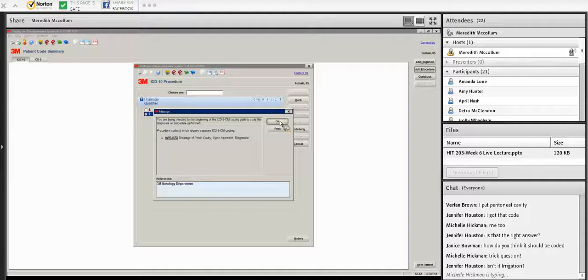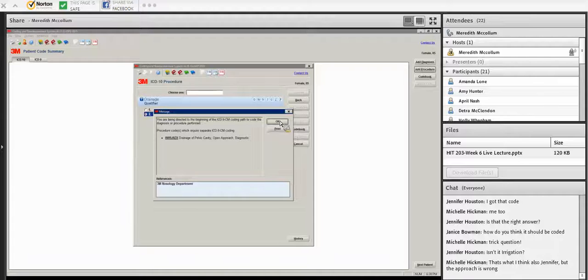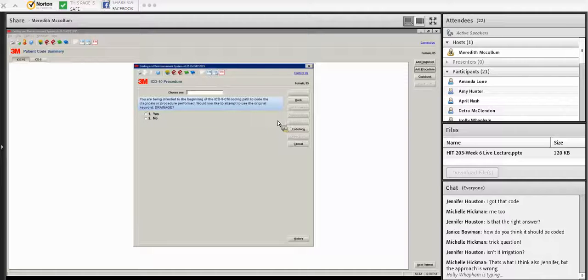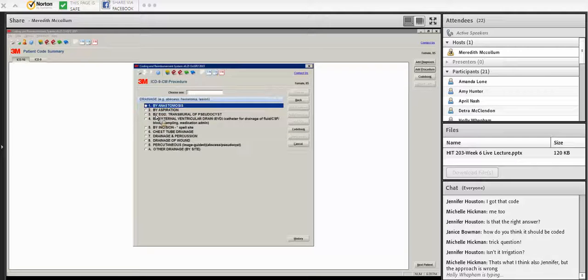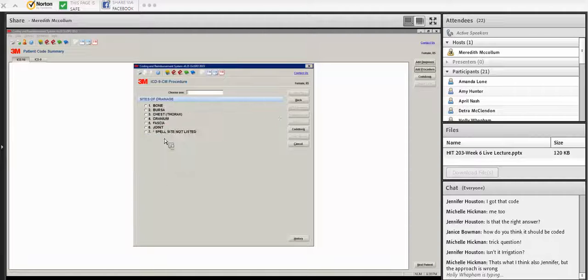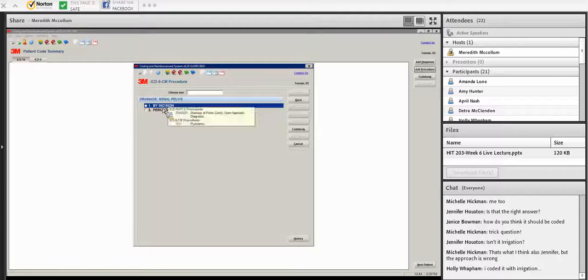So no, it's not irrigation, Jennifer, but yeah, the approach is wrong, so we can't even go there. And this doesn't matter. This is for I-9. I'm just trying to get on with it. Okay.